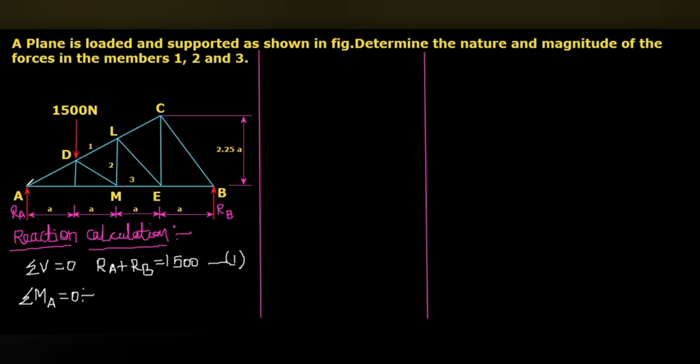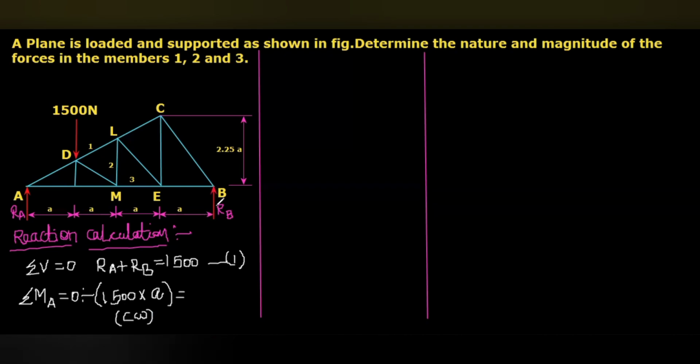Here from the point A, this is 1500 Newton and the perpendicular distance will be a. This 1500 multiplied with a. This moment will be in the clockwise direction with respect to the point A. So 1500 multiplied with small a, the distance, this will be in clockwise.